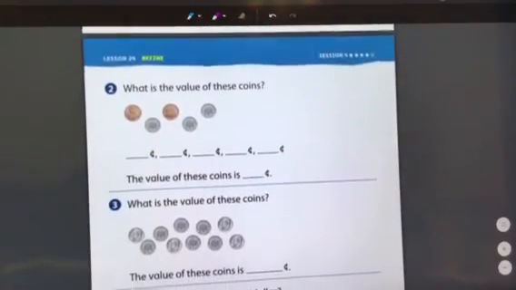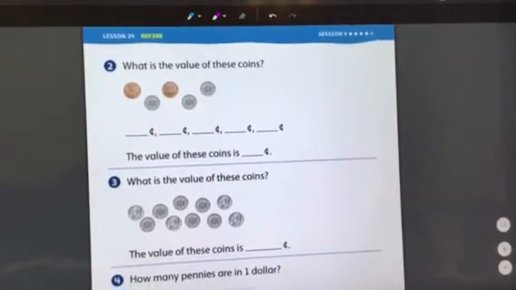Okay, moving over to the other side, we're going to continue practicing counting and writing the value of the coins. So number 2, what is the value of these coins? Remember to always start with the coins that are worth the most. Here we have 2 pennies, and we have 3 dimes. So we're going to start by counting the dimes first and then counting the pennies.